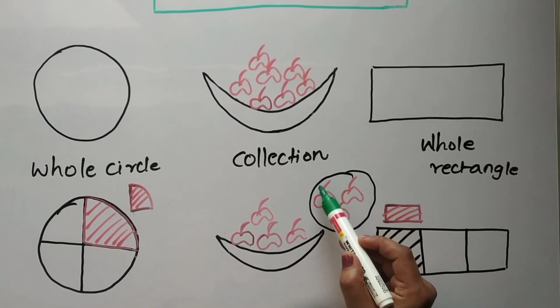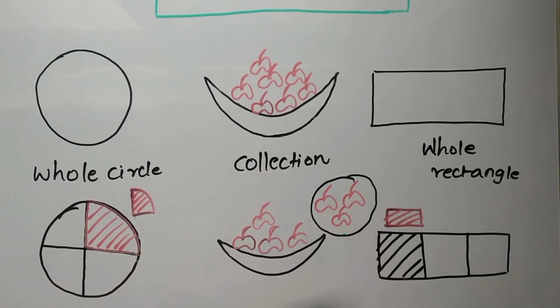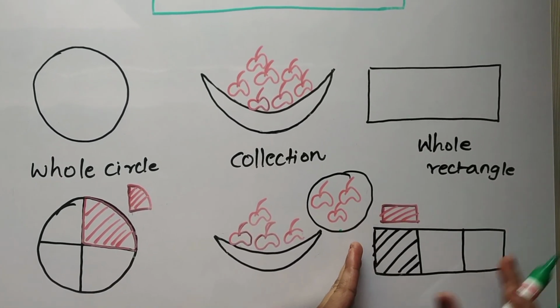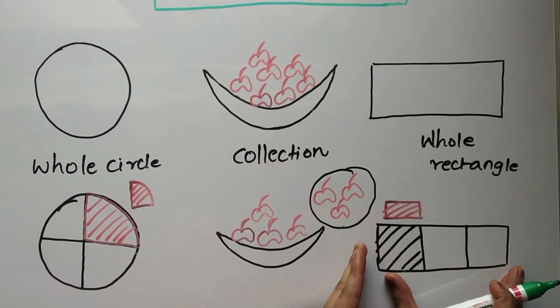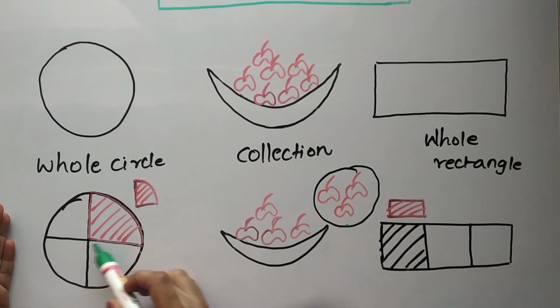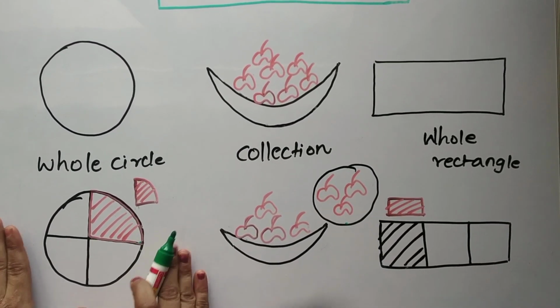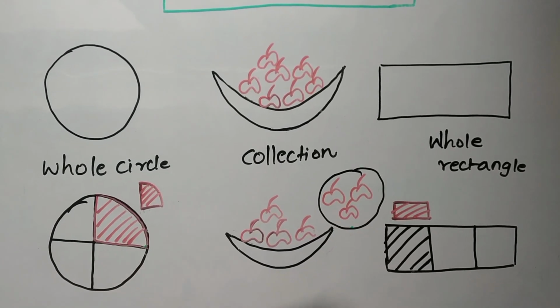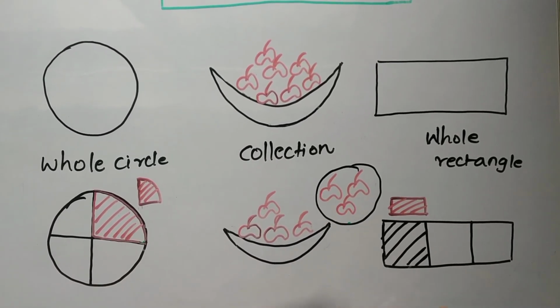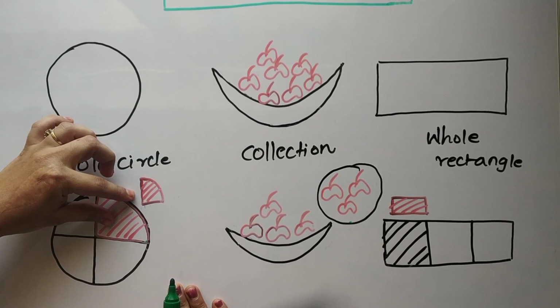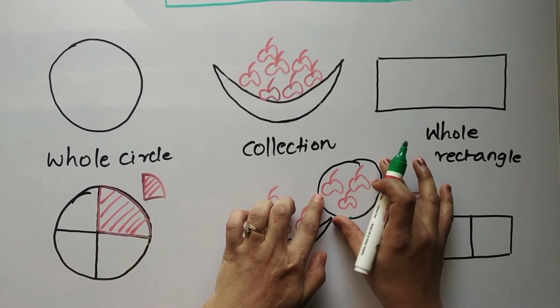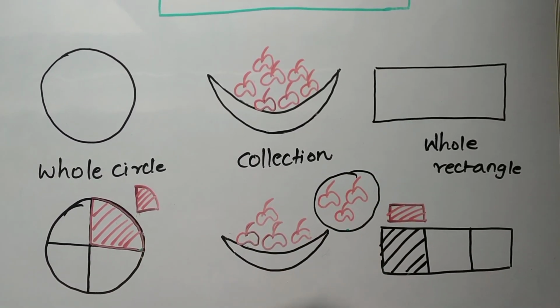We have removed a part from the collection, shaded a part of equal 3 parts of a rectangle, and removed a quarter part from a whole circle. Right? So, fraction is basically a part of a whole or a part of a collection.